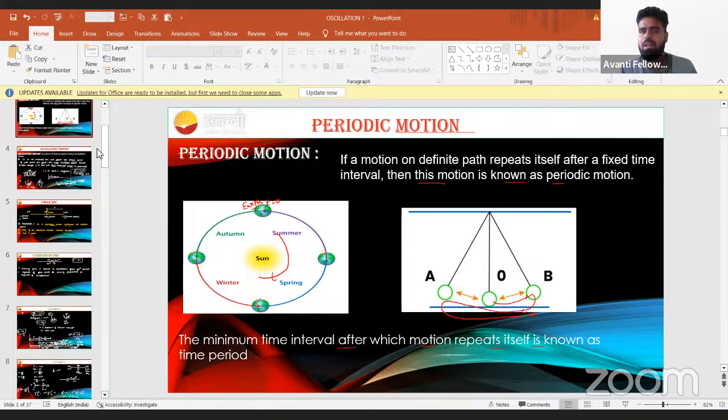We know that not all oscillation is SHM. For a given oscillation where the value of n equals 1 and amplitude is small, such a to and fro motion is known as simple harmonic motion.